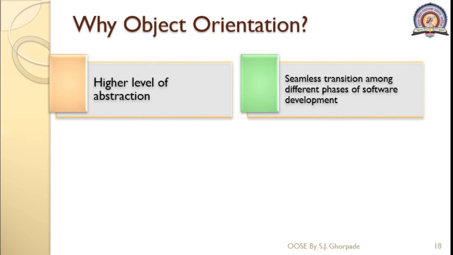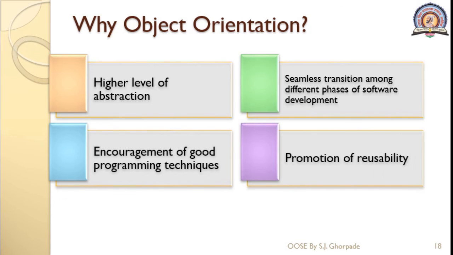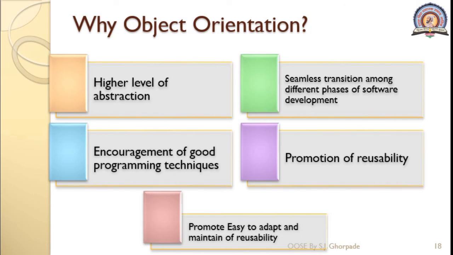Now, why has object orientation become so popular? The first reason is that it provides a higher level of abstraction. Just now we discussed what abstraction is, so that is one of the important features. Then there is seamless transition among the different phases of software development. Any changes can be adapted at any level and applied in the respective stages.